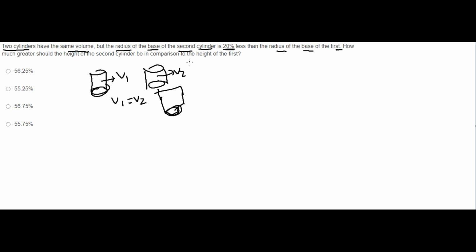What they have asked is how much greater the height of the second cylinder is. There will be a difference in height: if the second cylinder is lesser in radius, it will have a higher height than the first cylinder, because only then can the volume be equal. Since the radius of the second is low, the height should increase to compensate.